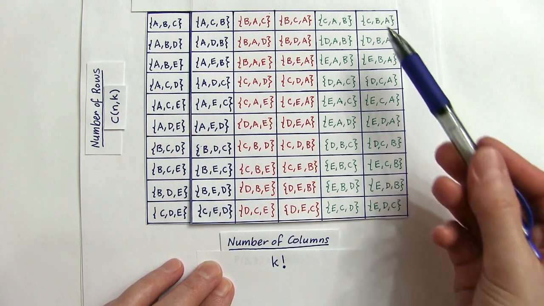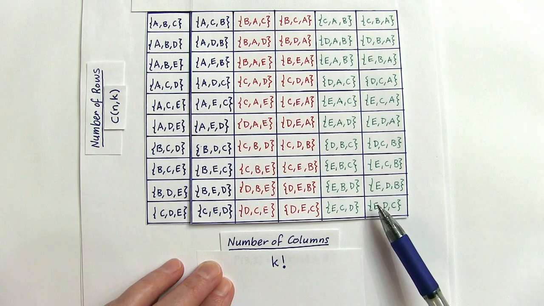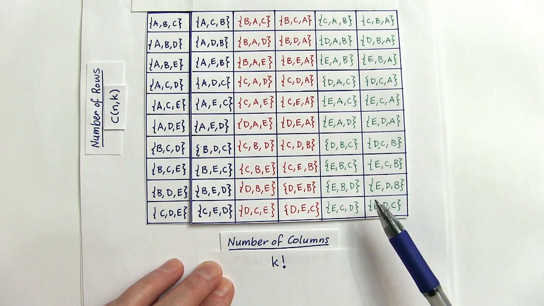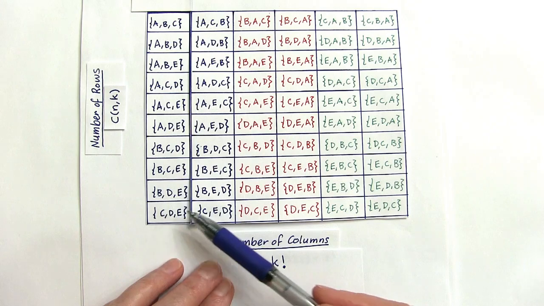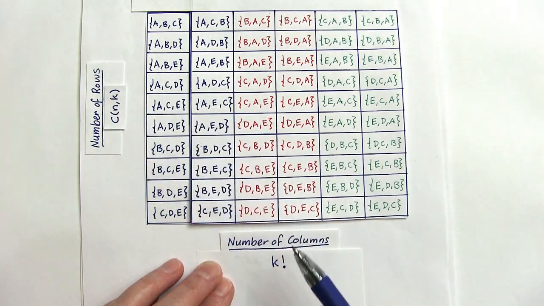And the number of elements in that table will be the number of permutations of n distinct objects taken k at a time, or the number of rows times the number of columns, which is n choose k, times k factorial.